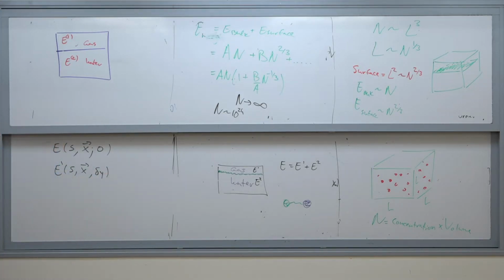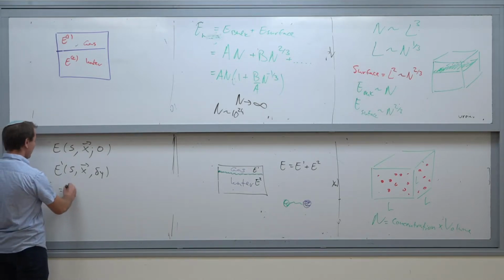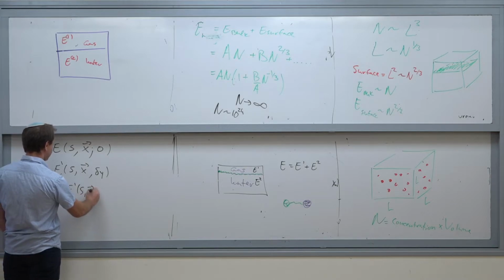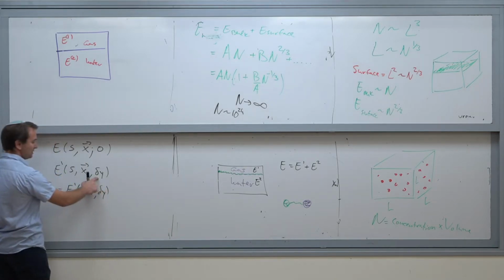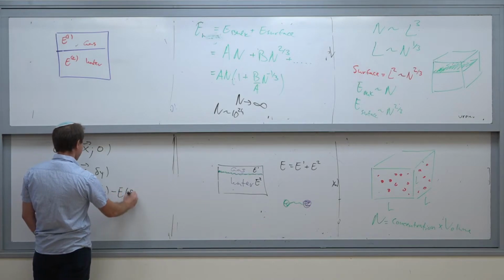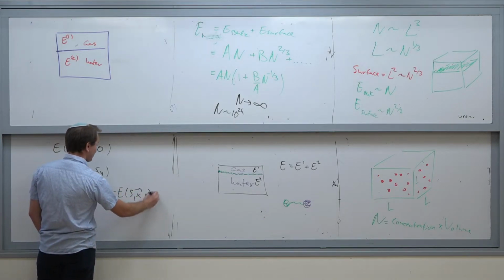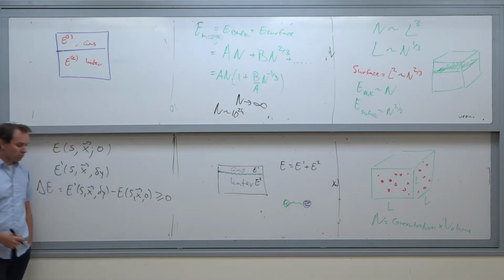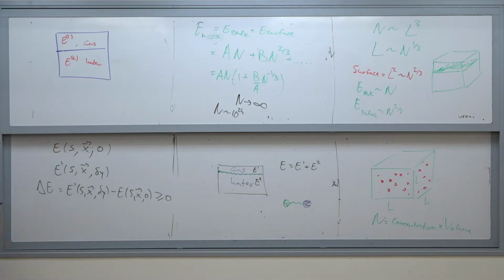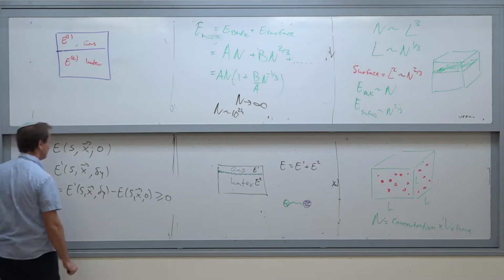Okay. This is what I created. Now, what I know is that delta E, which equals E'(S, X, delta y), where delta y is my constraint, minus E(S, X, 0 constraint), is greater than 0, as long as my constraint is internal. Or I can say here delta y is the small spontaneous fluctuations that occur. Okay. I'm at equilibrium, I'm at the minimal energy possible.